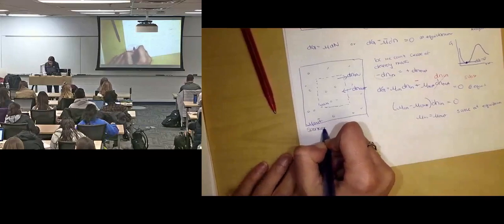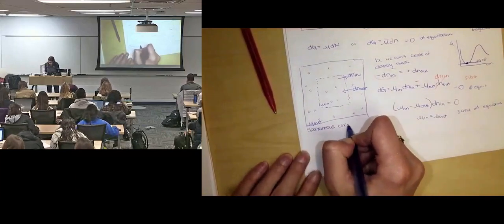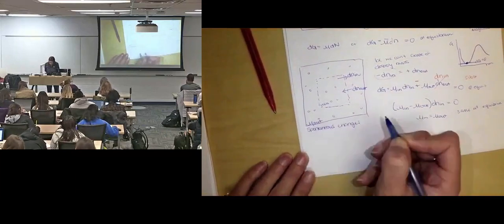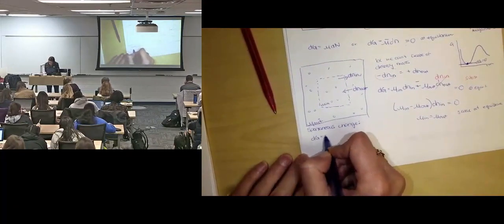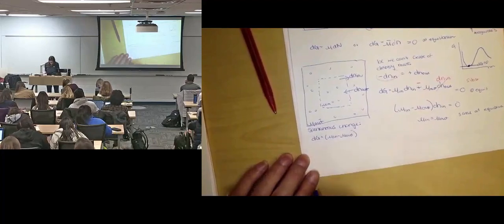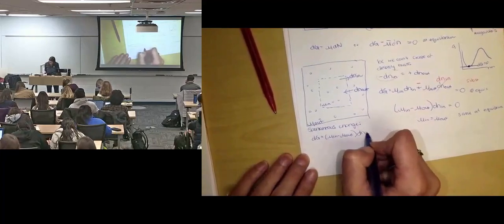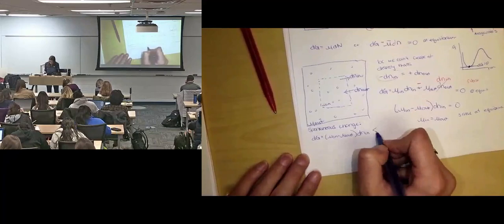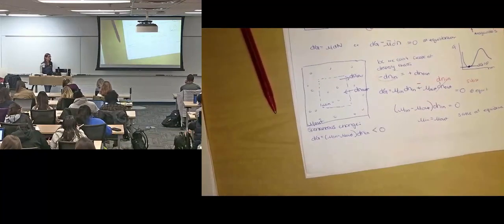For a spontaneous change, dG equal to chemical potential on the inside minus chemical potential on the outside times the change in moles. This has to be less than 0. By definition, dG is always going to be less than 0 for a spontaneous change.